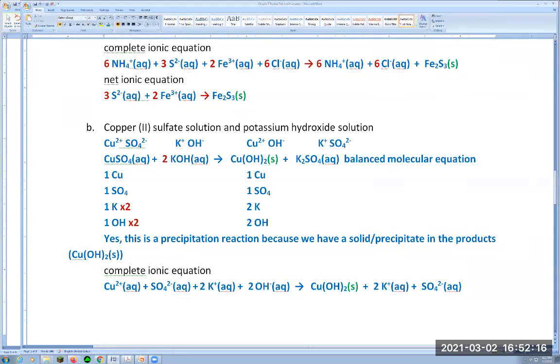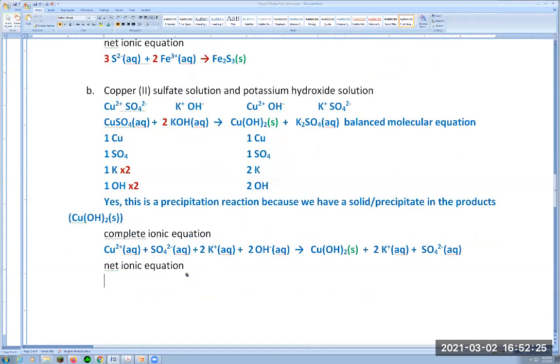So let's do now the net ionic equation. The net ionic equation really shows you what's important, what changes when you mix those two solutions together. So you start from the complete ionic equation. So I'm going to rewrite this. And then you remove what's the same on both sides. So here we have SO4 on the right and SO4 on the left. So let's remove those.